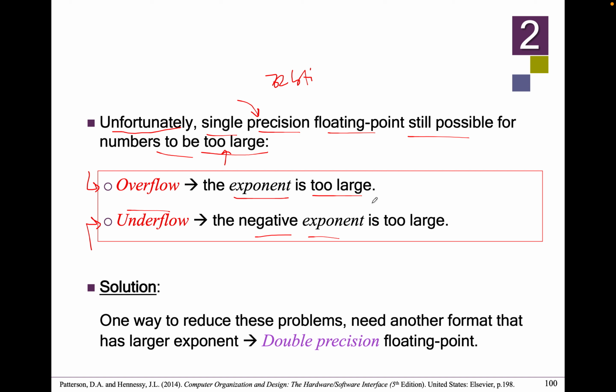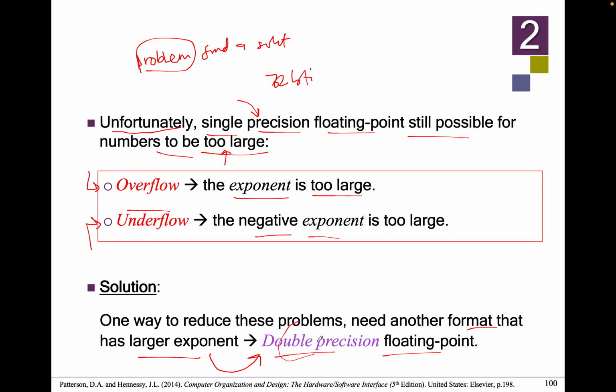So that's why, whatever problem we have in our daily life, we're going to find a solution. For this case, what is our solution? One way to reduce this problem is to use another format that has a larger exponent. So we come up with a new format called double precision floating point.